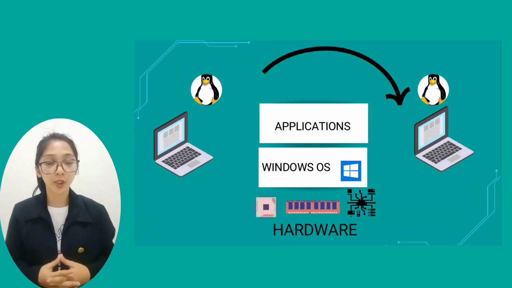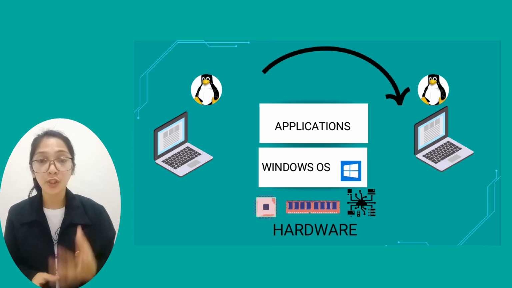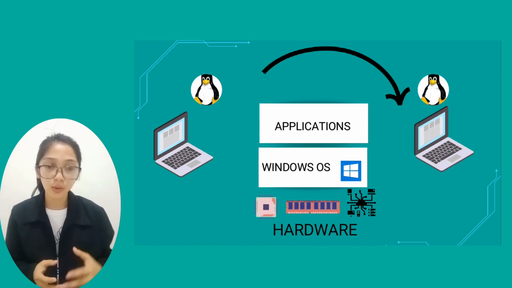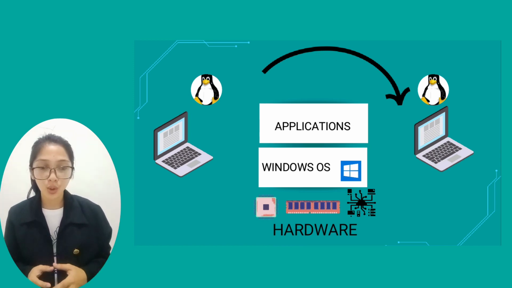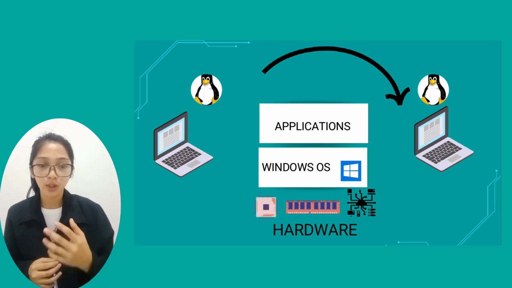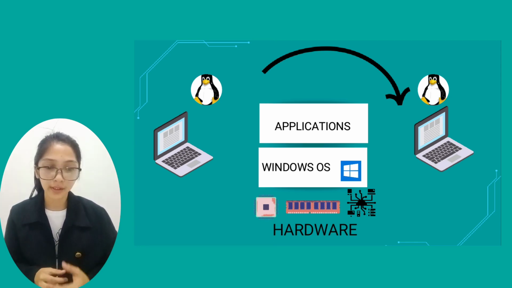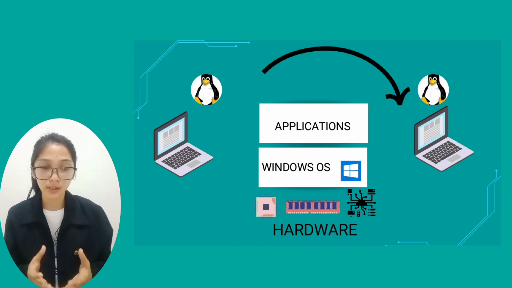So now, let's see what a virtual machine is. Imagine you have a Windows computer, and as we learned, a computer has hardware like CPU, RAM, and storage. We would have Windows operating on top of that, which controls how applications use these hardware resources. You would have applications that talk to Windows.